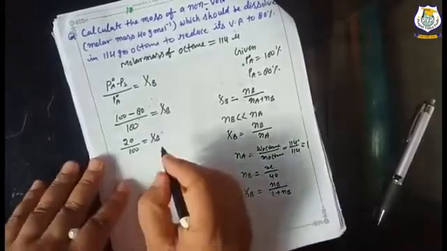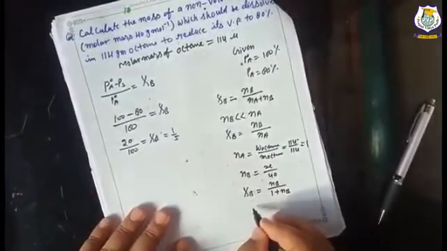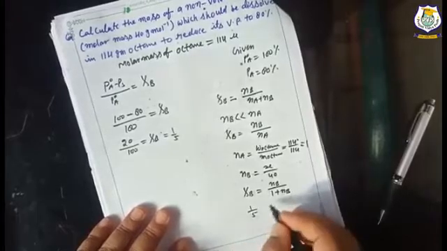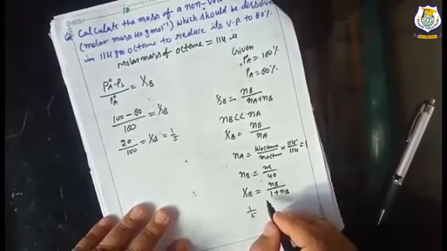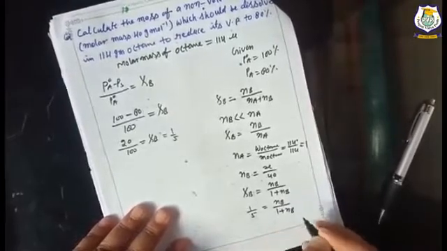XB equals 1 upon 5, so 1 upon 5 equals NB upon 1 plus NB.